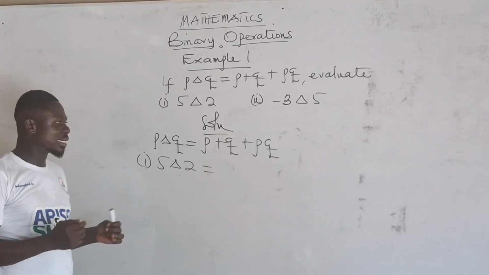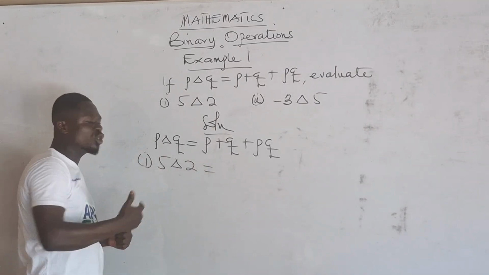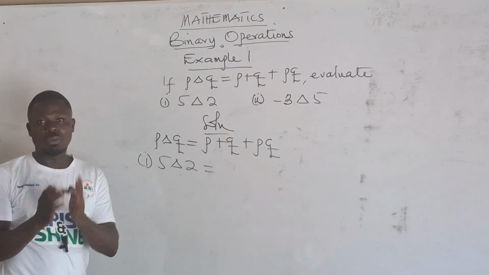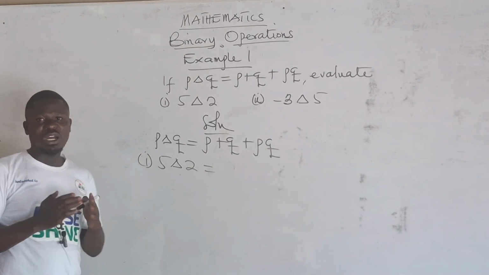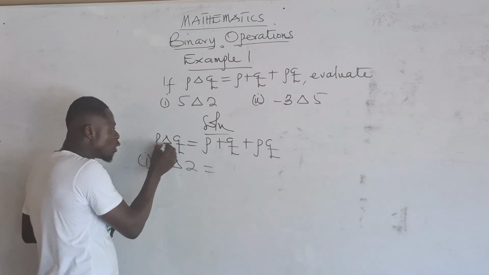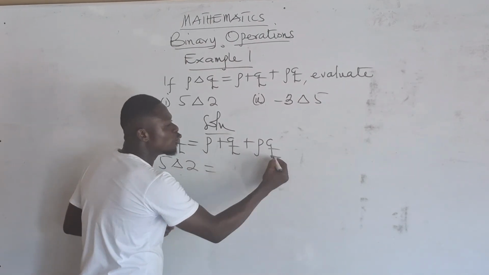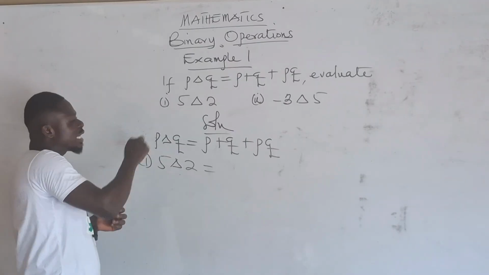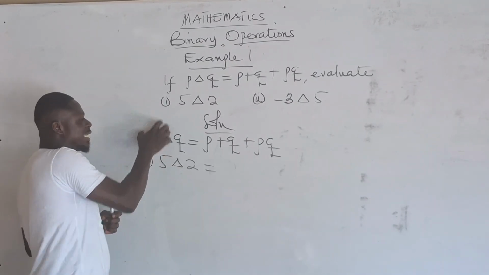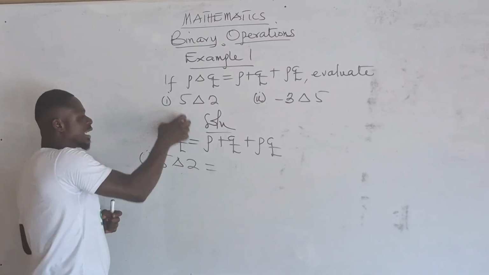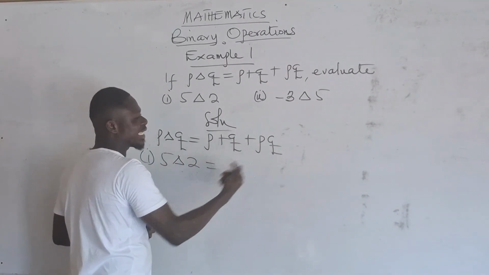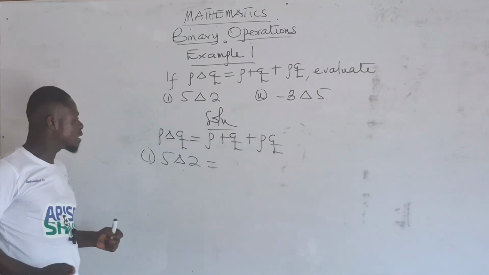Anytime you are dealing with this, the expression to be evaluated should be compared to the operation given together with its rule. This is the operation, this is the rule. In other words, this is the formula. So it is trying to tell you that when P is given as an element, Q is given as another element, wherever you see P and Q, put their elements there.